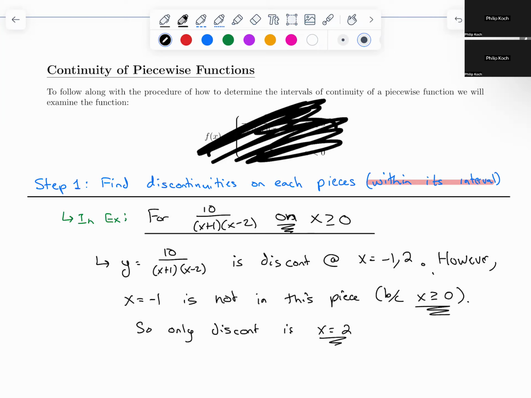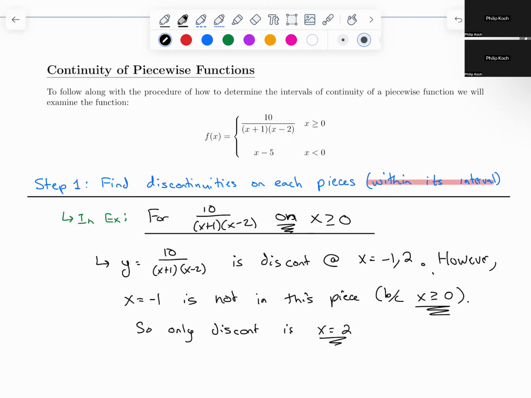However, negative 1 isn't in the interval. We're only defined as that function for values greater than or equal to 0. So negative 1 is not a point of discontinuity, because our function f is not that function at negative 1. Is that clear? Does anybody need me to explain that a different way?